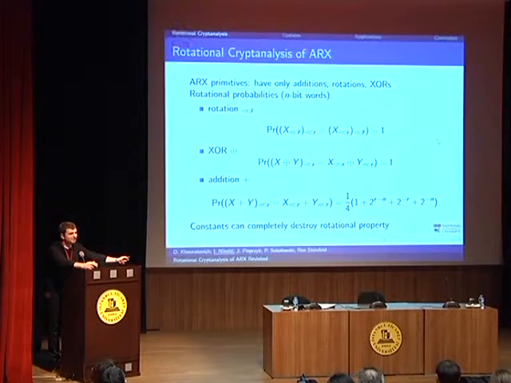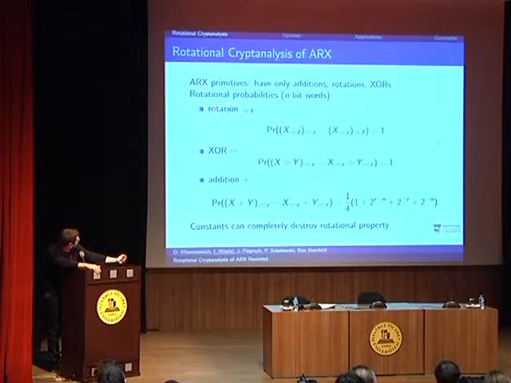Rotational cryptanalysis is mostly applied to ARX primitives, ciphers and hash functions that have only three operations: additions, XOR, and rotations. If we investigate independently the rotational probability of these operations, we'll find out that the rotational probability of rotation is 1. From here we can easily see why. The rotational probability of XOR is also 1.